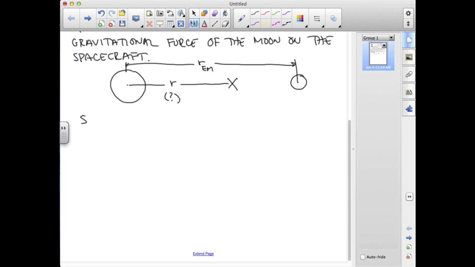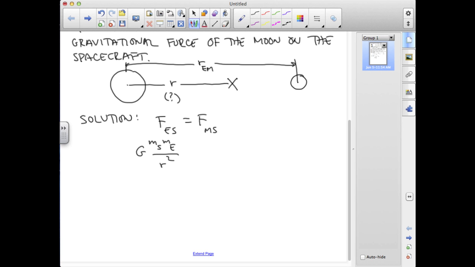Okay, so let's take a look at what would be involved in solving this problem. We want the force of attraction between the Earth and the spacecraft to be the same as the force of attraction between the Moon and the spacecraft. And so we could write that as this.